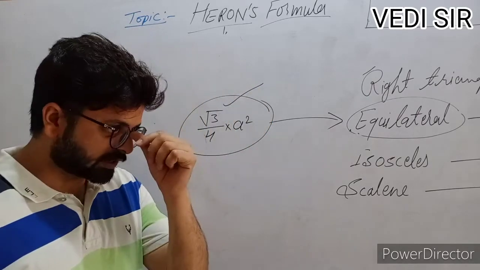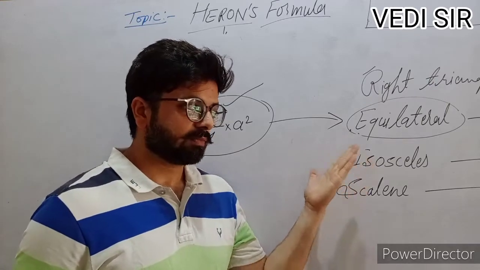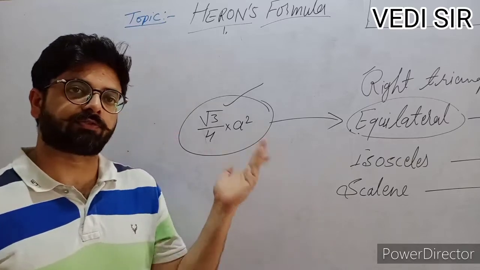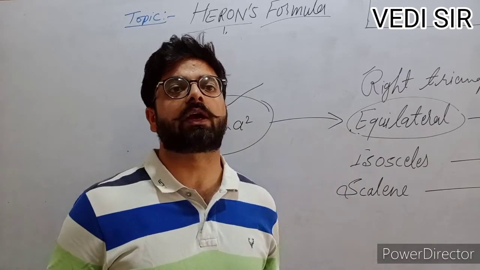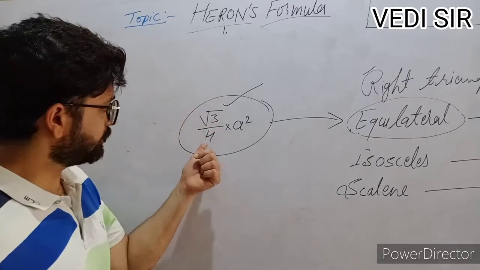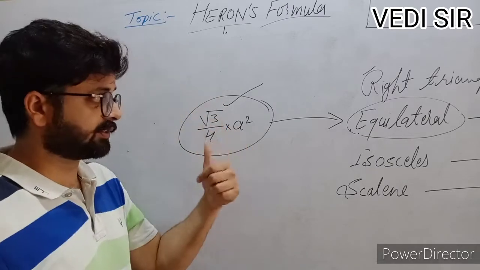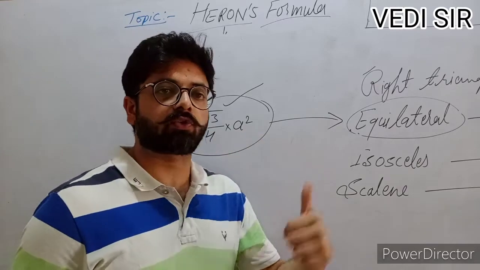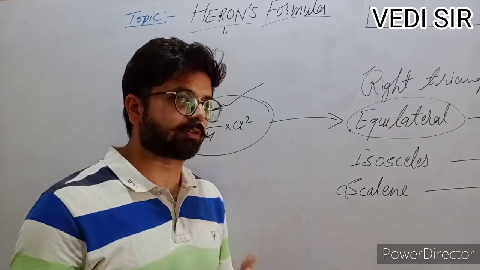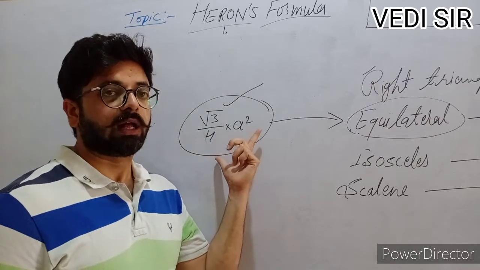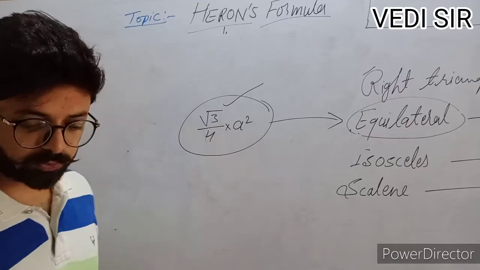First we would apply the Pythagoras theorem to get the height and then apply half of base into height. So the better thing is this: why not apply root 3 upon 4 into side square? This is also one formula which tells us the area of an equilateral triangle. I am telling you the fact behind this formula. This is also Heron's formula. How? I am going to explain to you.